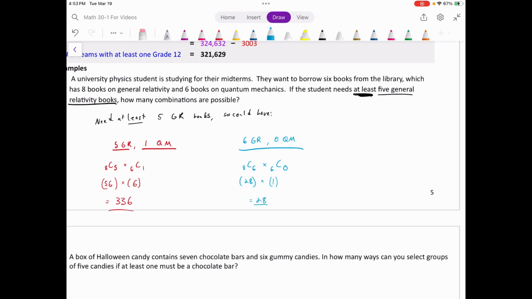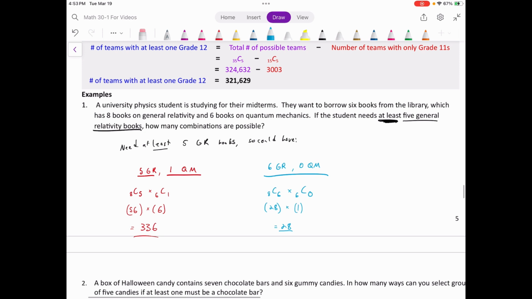So what is the total number of possible ways that we could meet these conditions? Well, there's 336 ways to do it that way, and 28 different ways to do it that way. So the total is 336 plus 28, giving us 364 different ways to choose at least 5 general relativity books.